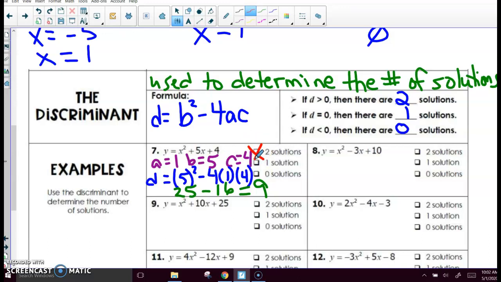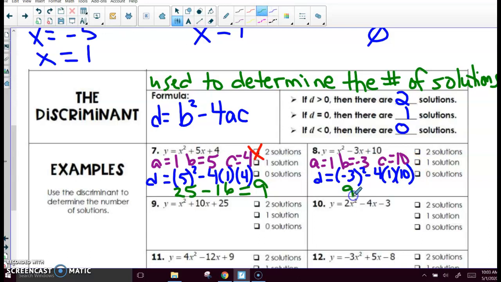Let's look at number 8 together. Our a value is 1. b value is -3. c value is 10. Let's plug it into our formula. d is equal to my b value squared, subtract 4 times a times c.